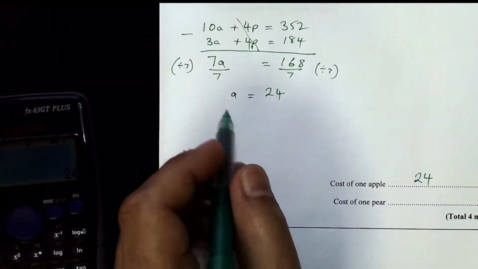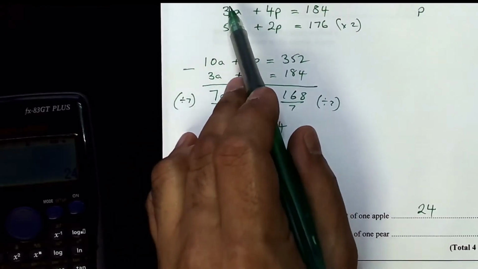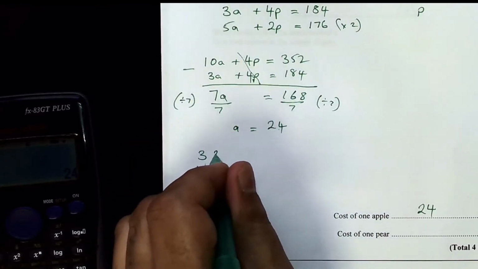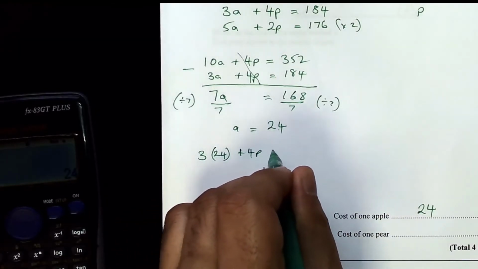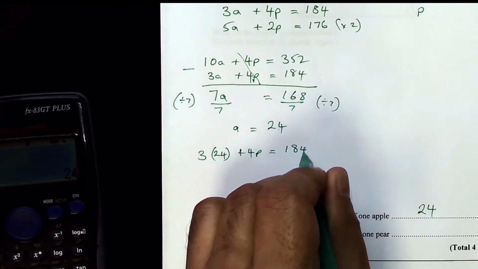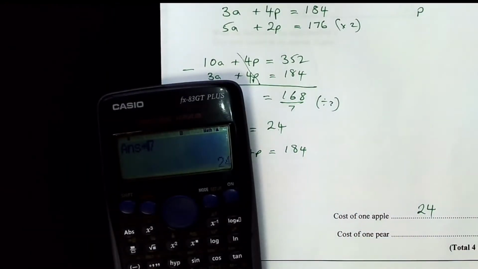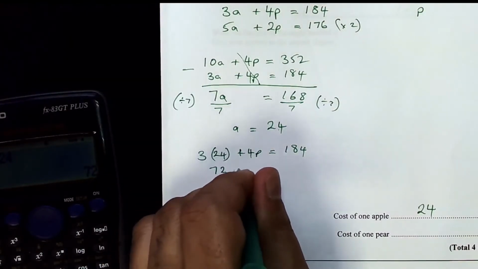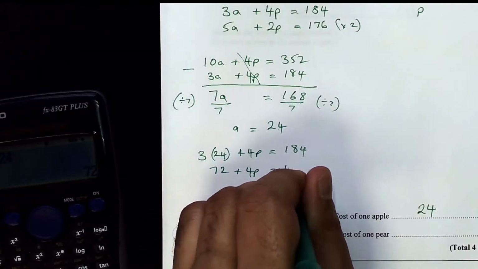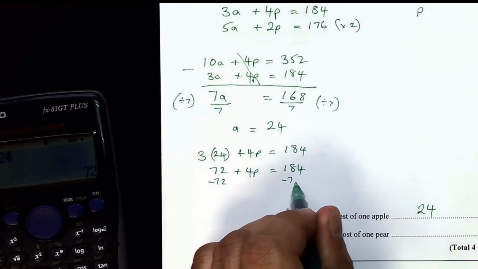So now using the first formula, 3a, so 3 times 24 plus 4p equals 184, and then 3 times 24 gives me 72, so that's 72 plus 4p equals 184, minus 72 from both sides.